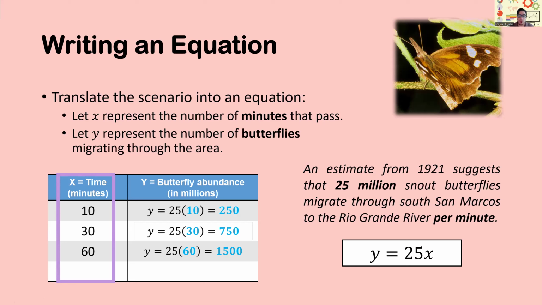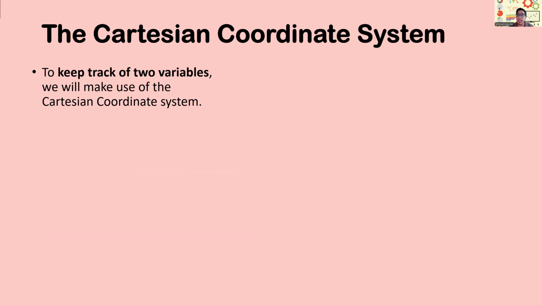And so we are going to manipulate numbers and we have to keep track of our x values and our y values. And the way we're going to visualize if there's a pattern or a relationship between those two variables is by graphing them. And so that's why we have to introduce the Cartesian coordinate system, okay, to keep track of those two variables and how they're related to each other, okay?